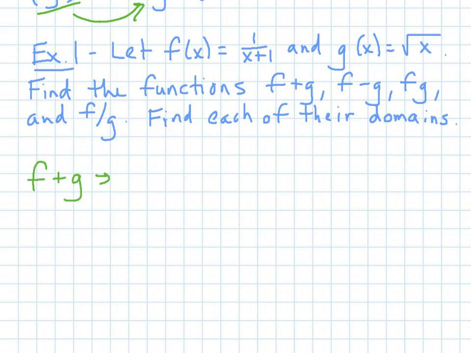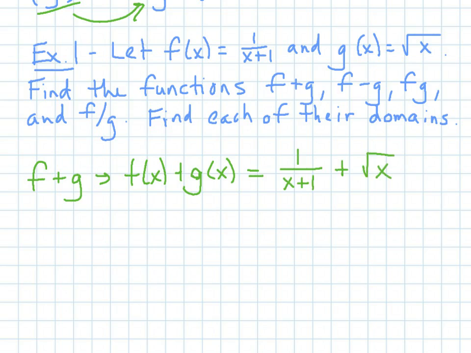Because it's really not. So if I take f plus g, notice I have two functions that are really not similar at all, right? Because you have 1 over x plus 1 plus the square root of x.